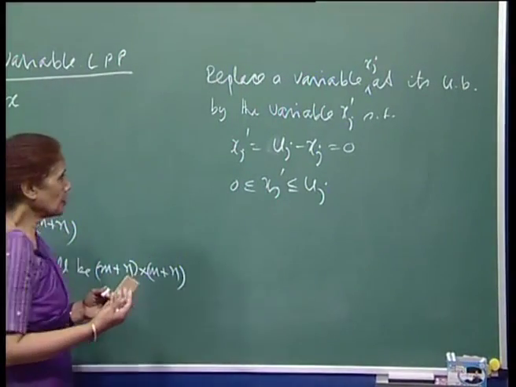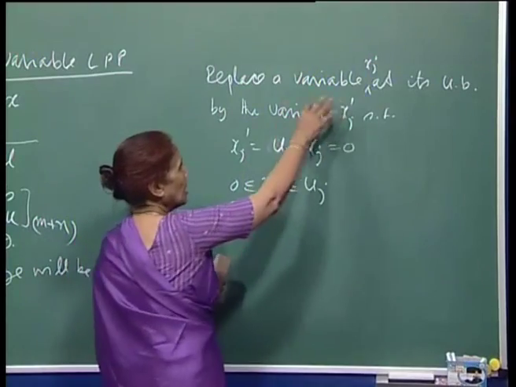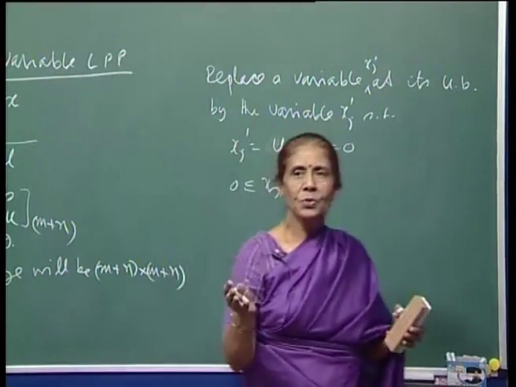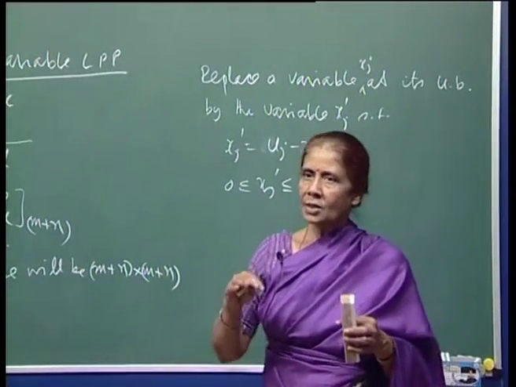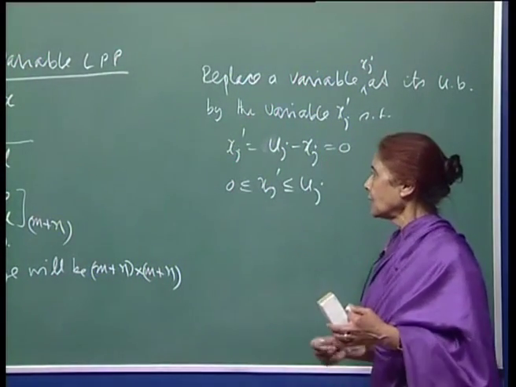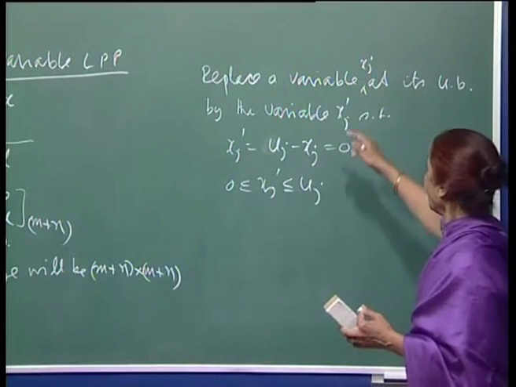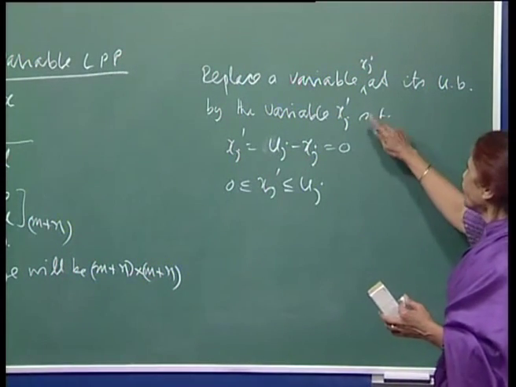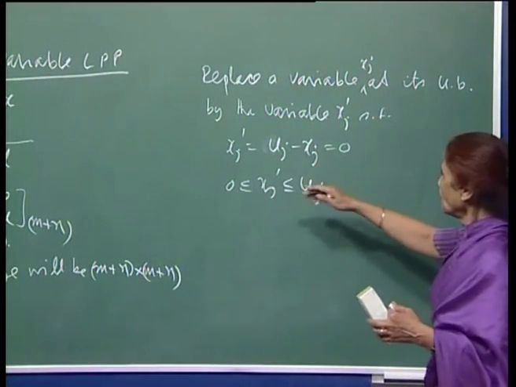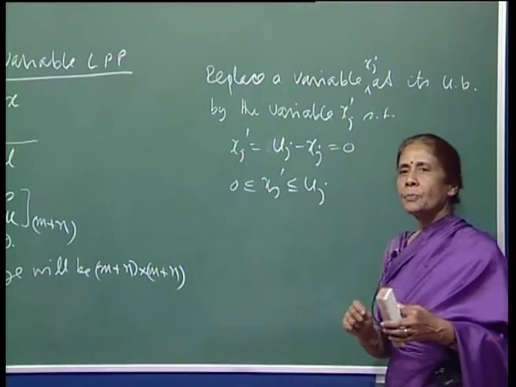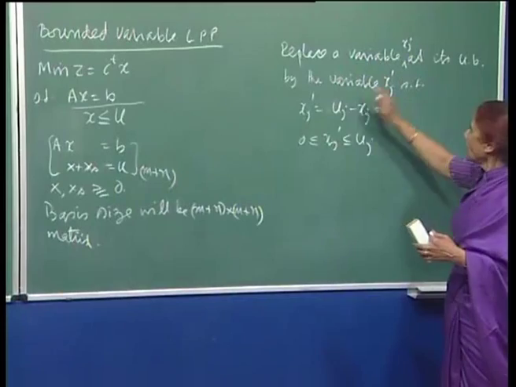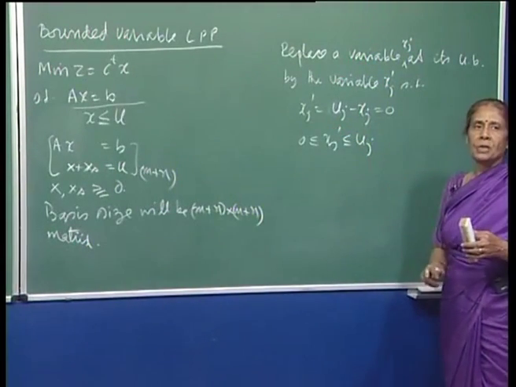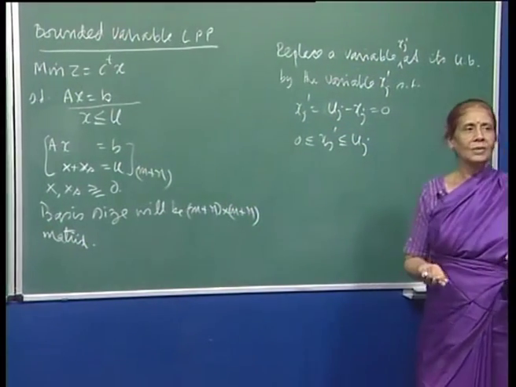So, what is the idea behind this is that I do not want to keep variables which are at their upper bounds. I will declare them as non-basic. This is the way I am going to modify my pivot rule. So, variables which are at their upper bounds, I will use this transformation and reduce them to non-basic variables. That means instead of x j, I will be carrying in my tableau x j prime, and x j prime currently is 0.